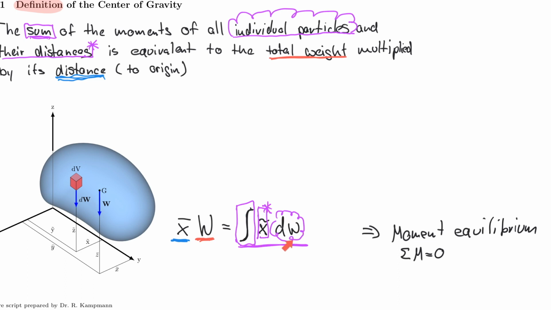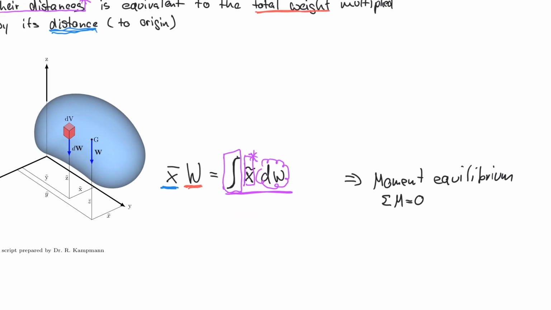I have to divide the right side by w. However, before I do that, I will actually represent w here again, as we have already done before. So I can also write that x tilde times the integration of all particles is equal to the integration of x tilde dw.